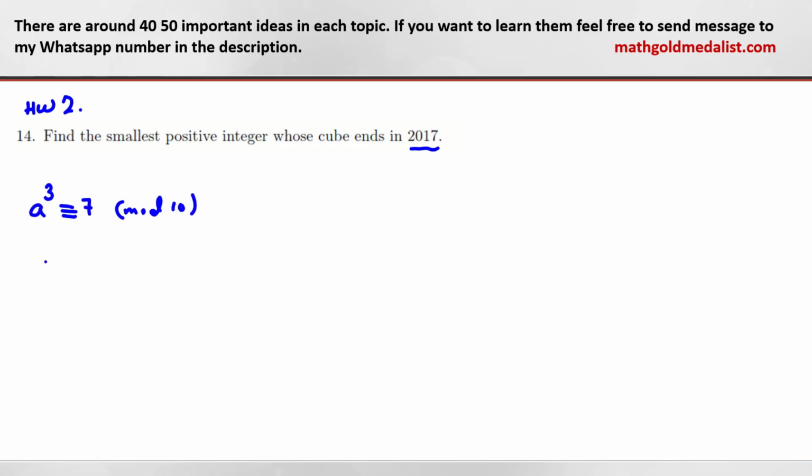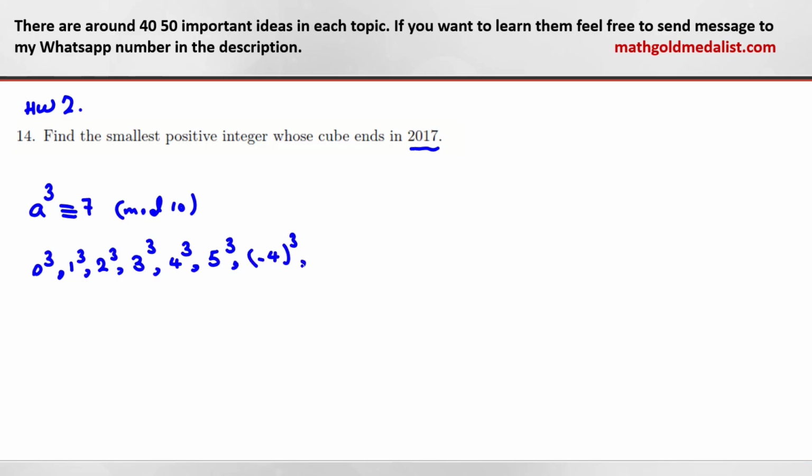And if we check, 0 cubed is 0, 1 cubed is 1, 2 cubed is 8, 3 cubed is 27. Then 4 cubed, 5 cubed, and 6 is negative 4, cubed, right?